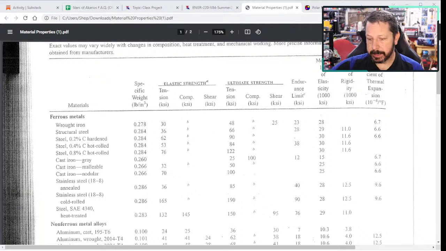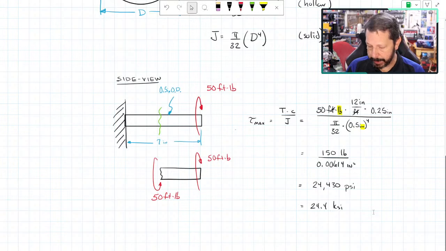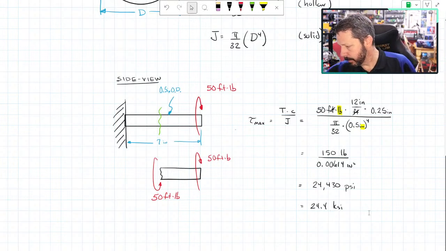The problem is our calculated shear stress is 24 KSI. So we would yield this shaft if we made it out of that structural steel material and we put 50 foot-pounds on it. So would we break it? Actually don't know. Let's see.